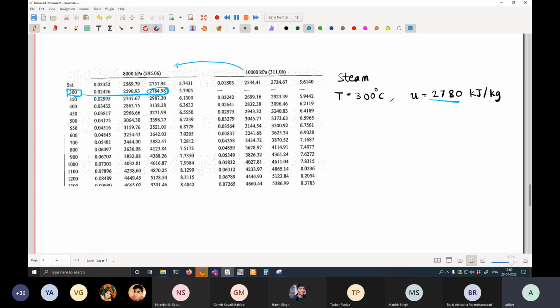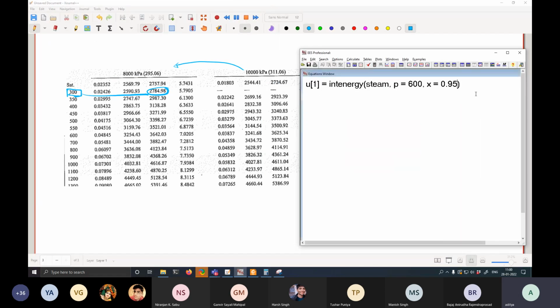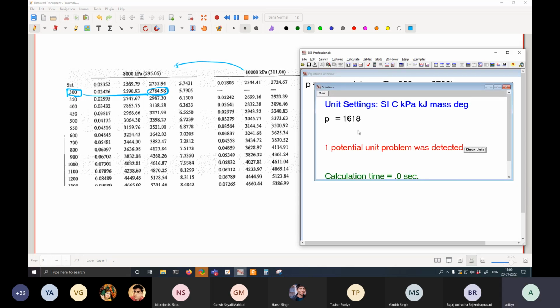This is probably not a well framed problem to do using a table. We'll quickly do it using ES first. So P equal to pressure, steam, T equal to 300, U equal to 2780. Solve this. So the pressure comes out to be 1618.